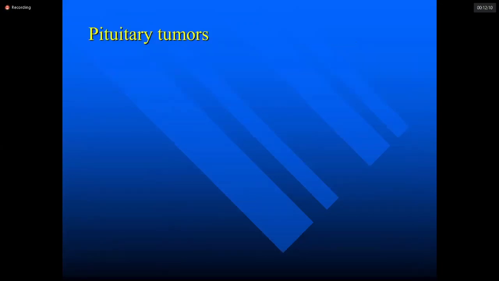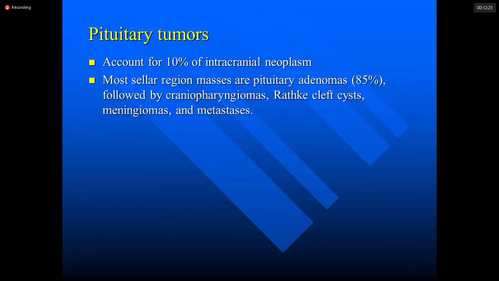Now, a common problem that happens in people who have pituitary gland disorders is having a pituitary tumor. And it's common to find a pituitary tumor among the intracranial neoplasms, but luckily most of these tumors are benign, and most of them are adenomas, followed by craniopharyngiomas and meningiomas or mets.